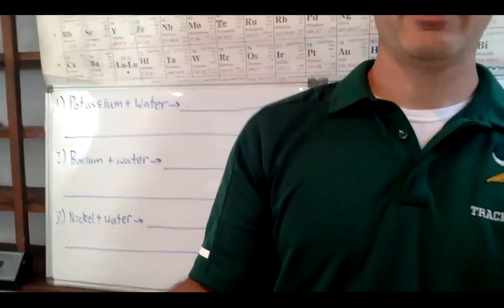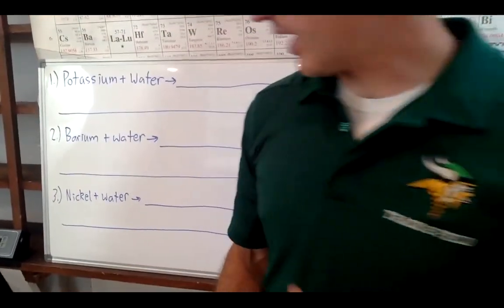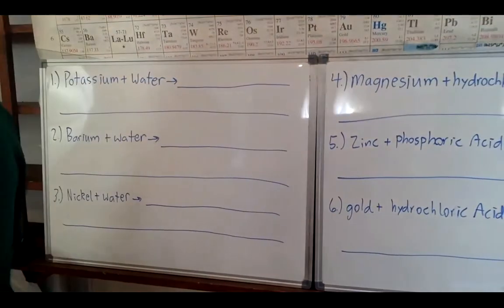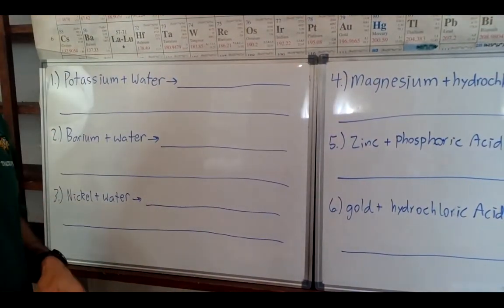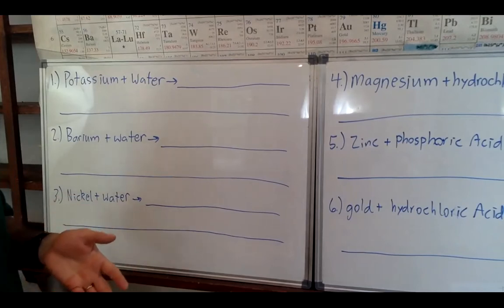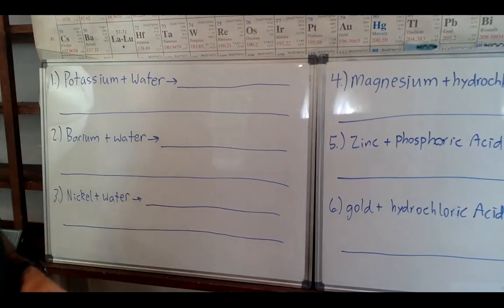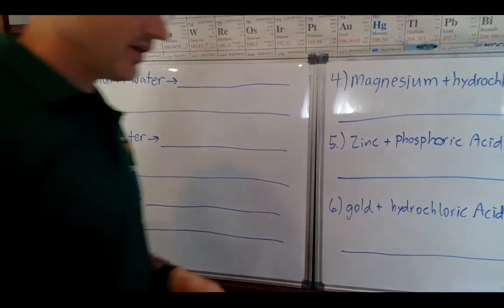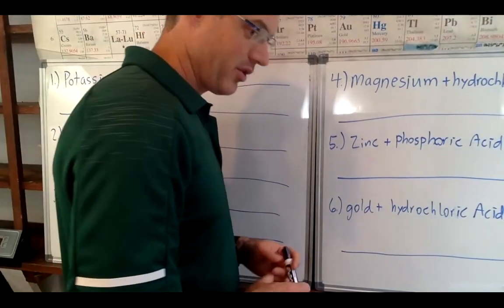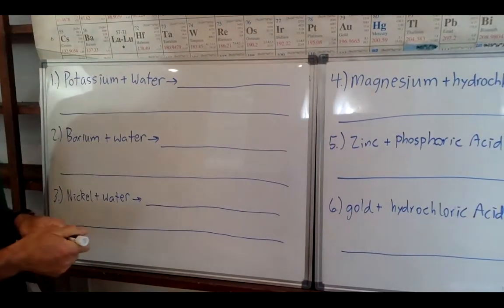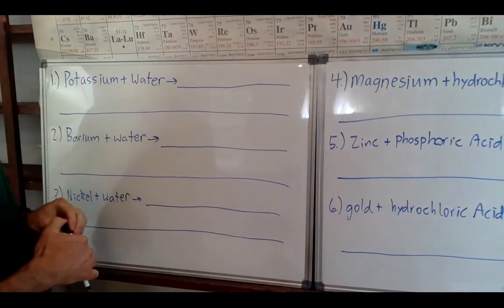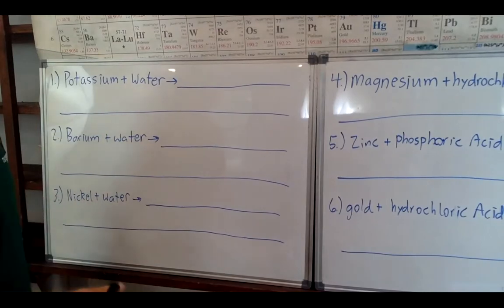One of the very common reactions that we'll see are based on water reactions. We in the past have done a lot of water reactions. We tested calcium and aluminum with water in the lab portion of this, and we can attest that some metals do react with water.